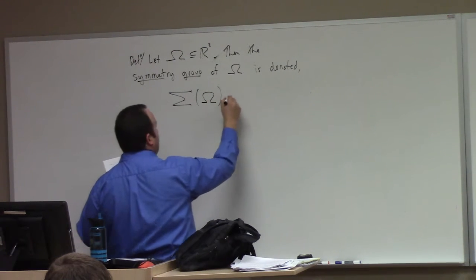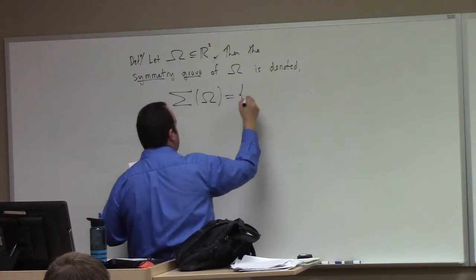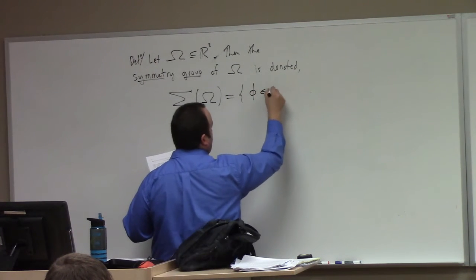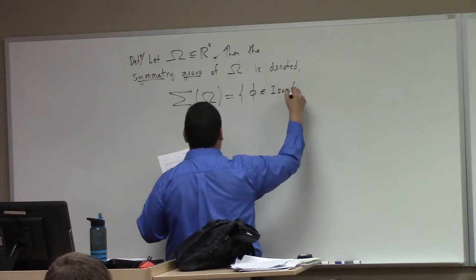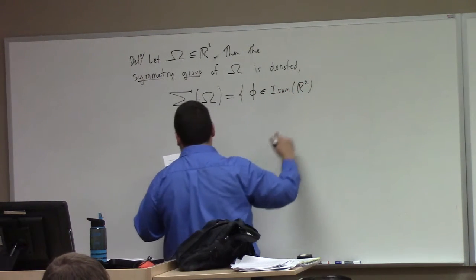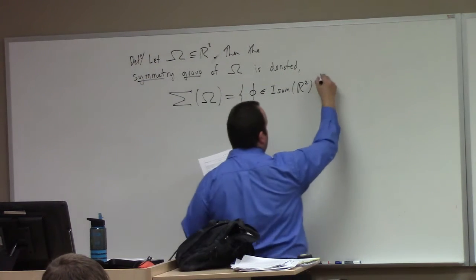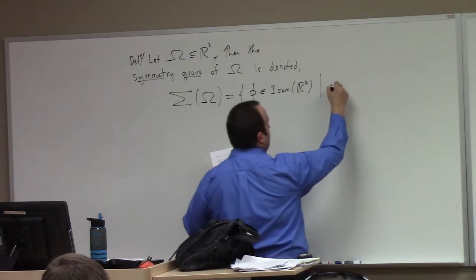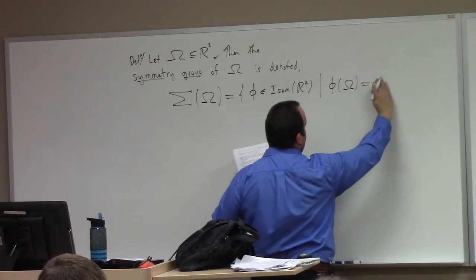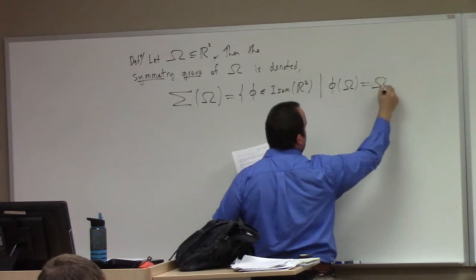And what that's going to be is just phi in the isometries of R^2 such that, guess what? Phi of Omega is equal to Omega again.